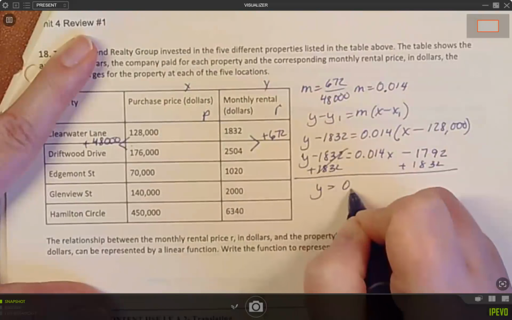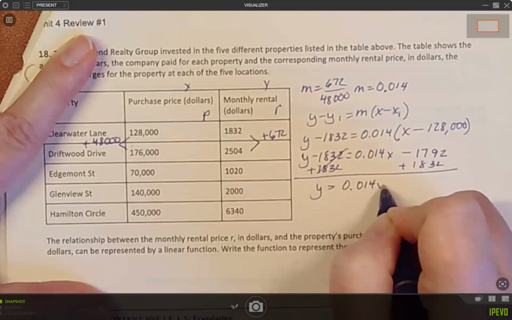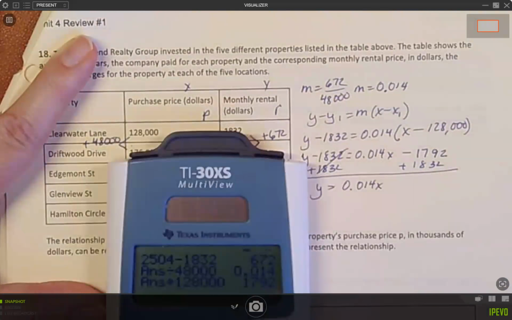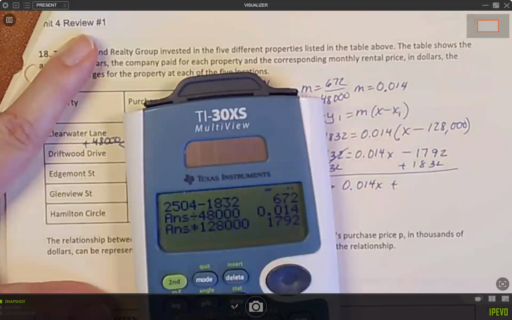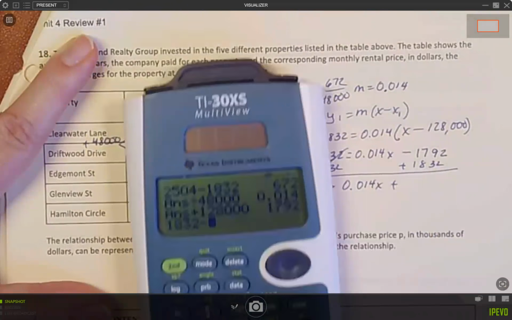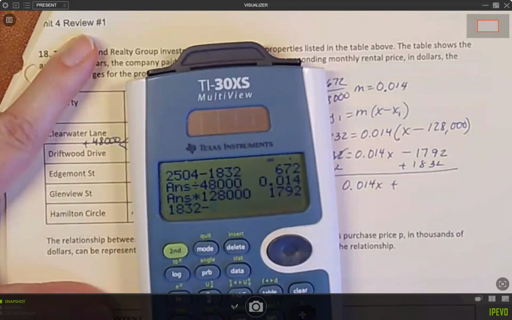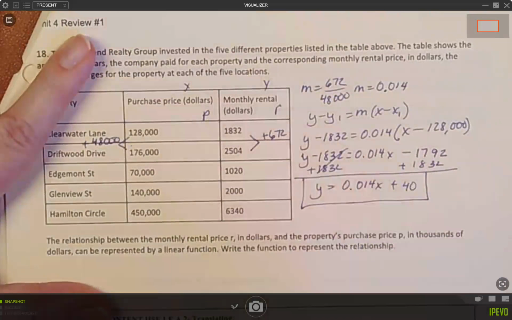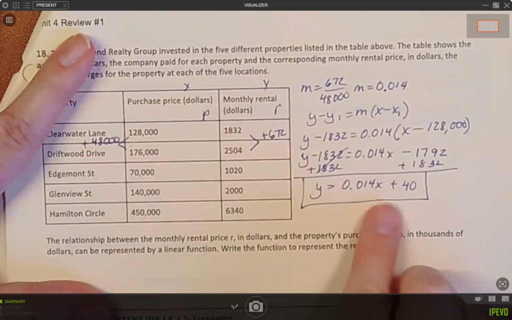So y equals 0.014x plus 40. Okay, so y equals 0.014x plus 40.